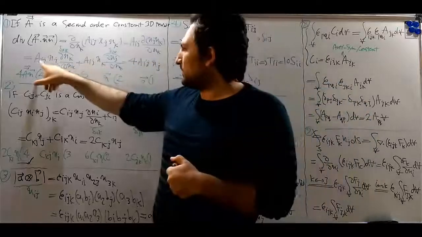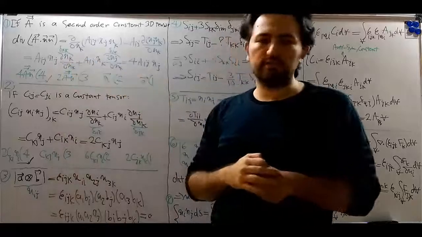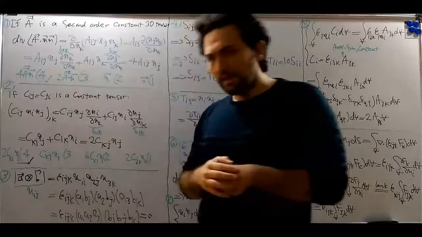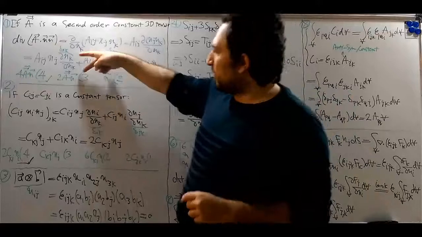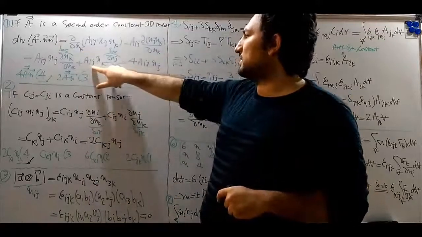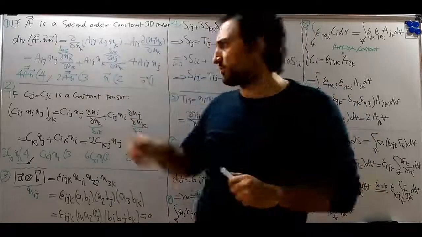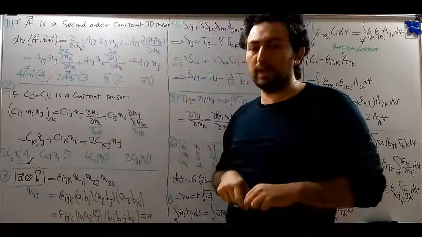So I have A sub ij, x sub j times the partial derivative of x sub k with respect to x sub k, but both indices are k, plus A sub ij, x sub k times the partial derivative of x sub j with respect to x sub k.